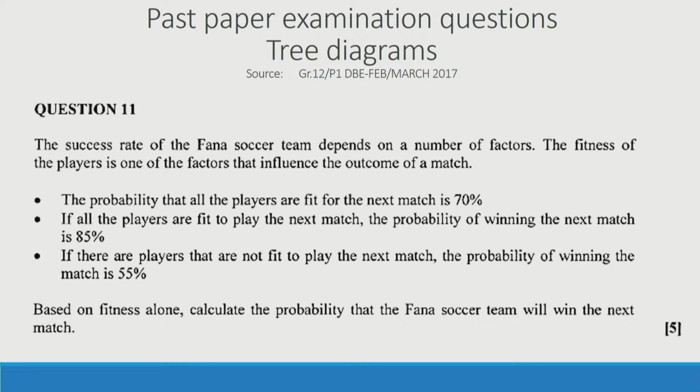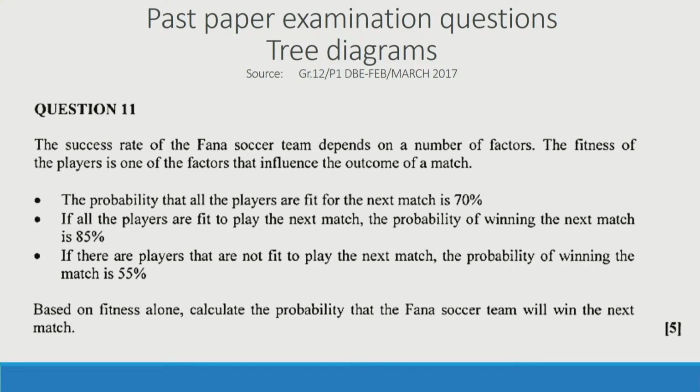The fitness of the players is one of the factors that influence the outcome of a match. The probability that all players are fit for the next match is 70%. Remember when I said probabilities can be expressed as a common fraction, as a decimal fraction, or as a percentage. So in this case, they're giving us these probabilities as a percentage.